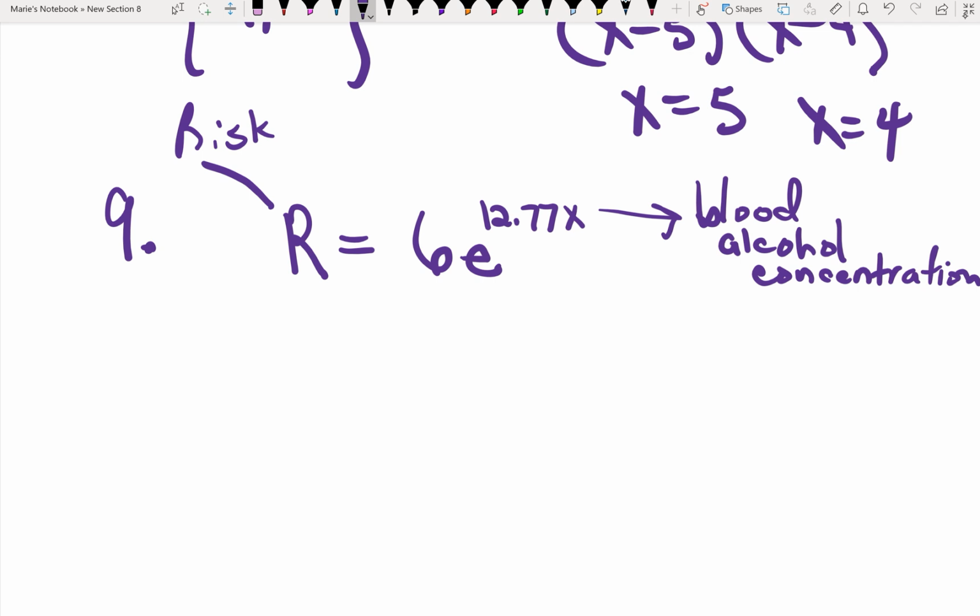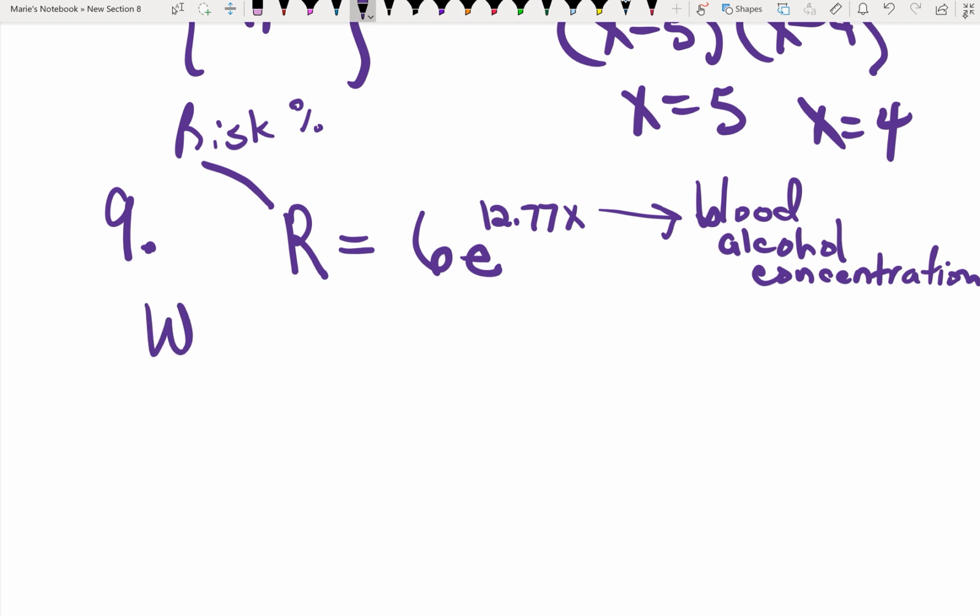So what they're saying to us is the following. They're saying where X is the blood alcohol concentration, where R is given as a percent, right? And is the risk of having a car accident.